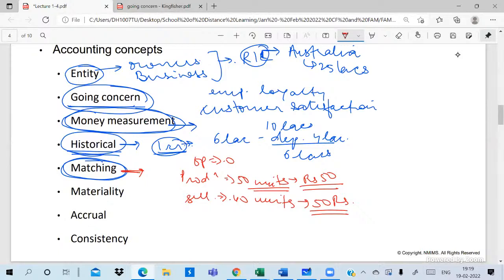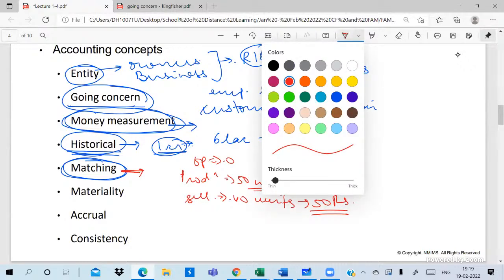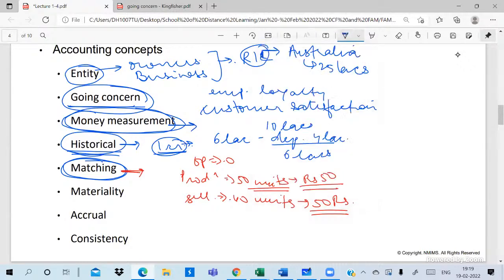Okay, I've got an answer saying that yes, we can compare. Now, if you say that we can compare, look at the problem that can arise. You are taking the cost for 50 units and you're comparing it with the income that you've generated from 40 units. The base is not the same.